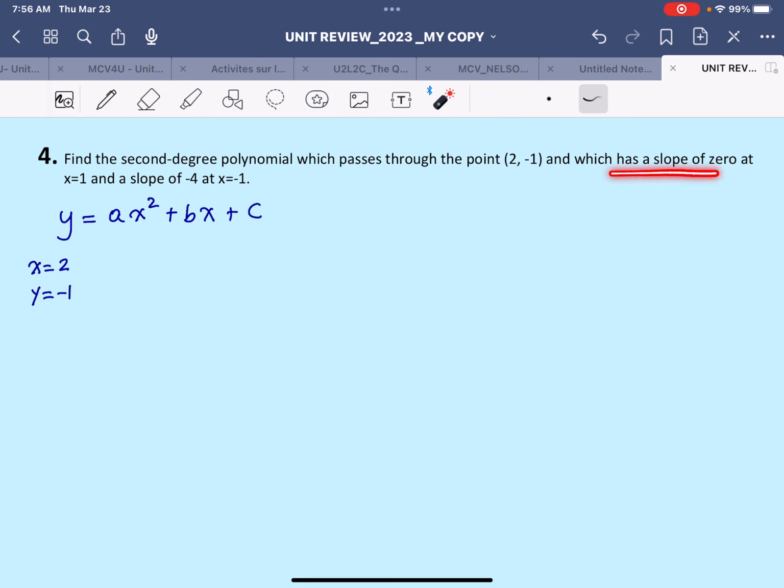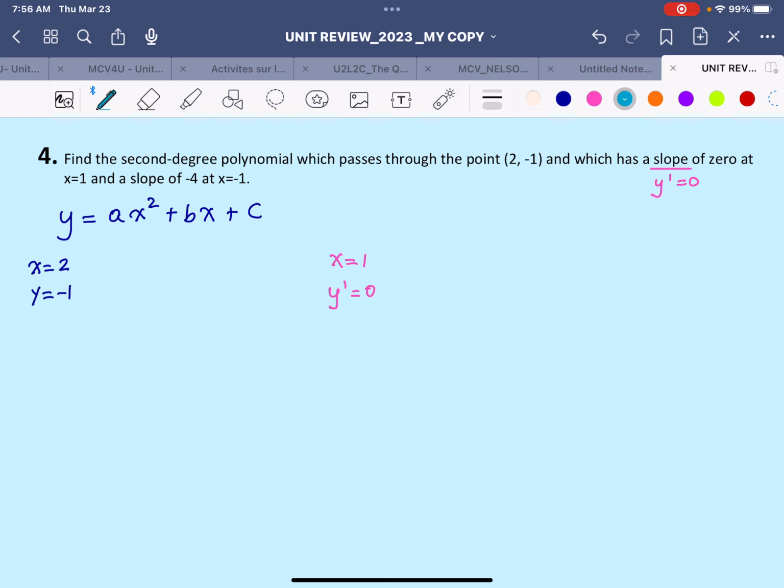Now, it has a slope of 0. Now, again, whenever we say slope, it means derivative, which means that in our case, function y prime would be equal to 0 at x equals 1. So we're going to say that at x equals 1, y prime would have a value of 0.